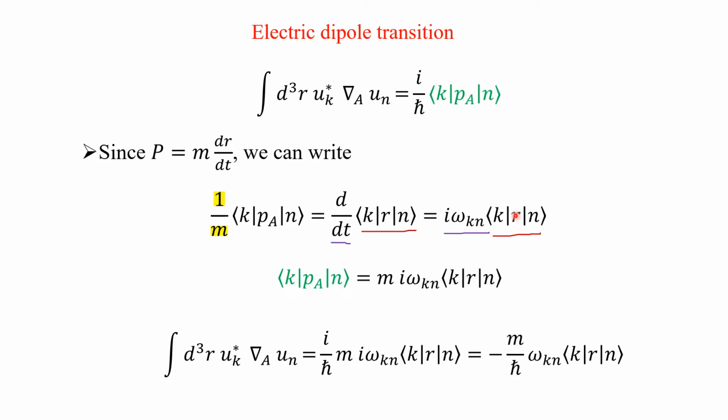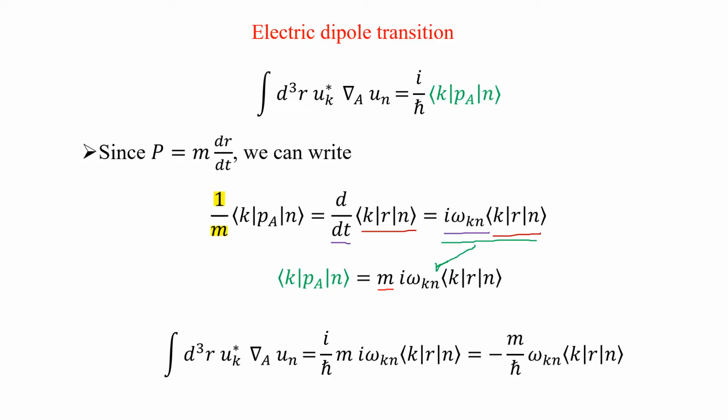So bra k p_A ket n is equal to m i omega_kn bra k r_A ket n. Now come back to the integral d3r u_k star del_A u_n, which is equal to 1 over i h cross times bra k p_A ket n.